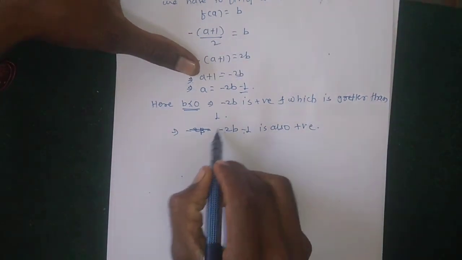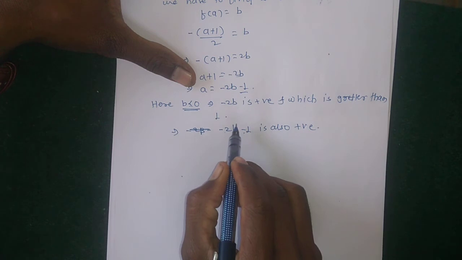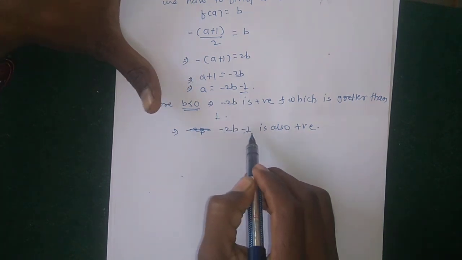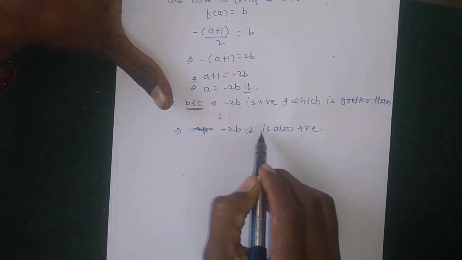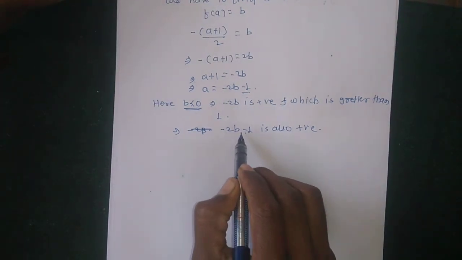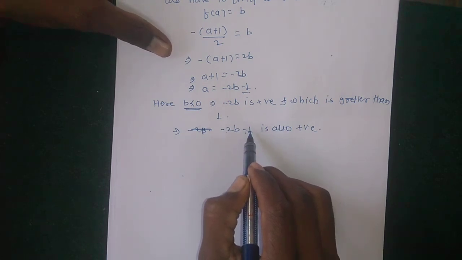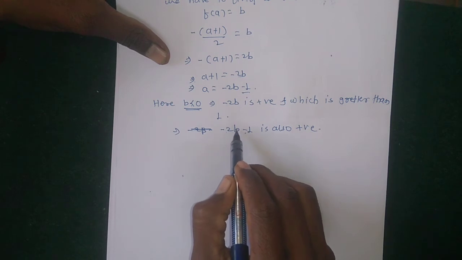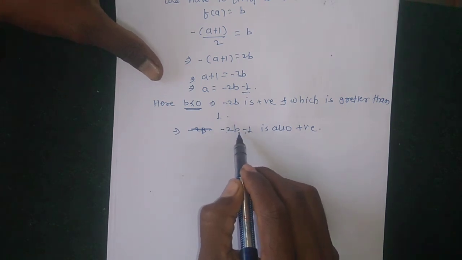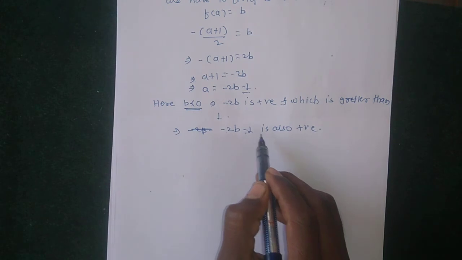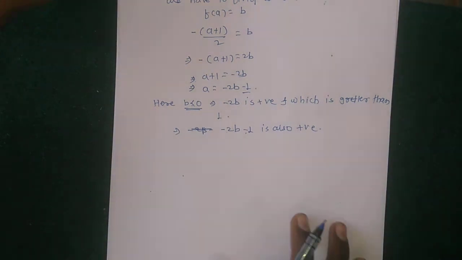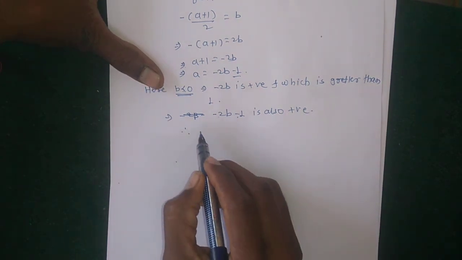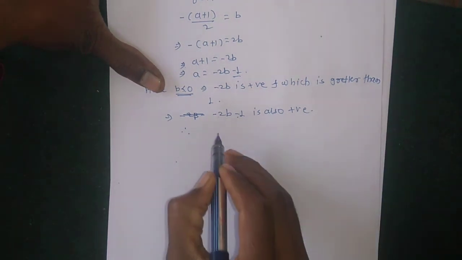Why? -2b is a positive number greater than 1, and any greater value when subtracted by a smaller value gives a positive result. So any value greater than 1, when we subtract 1, gives a positive value. Therefore -2b minus 1 is also a positive value.